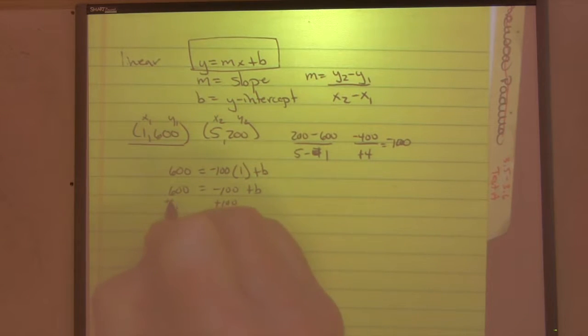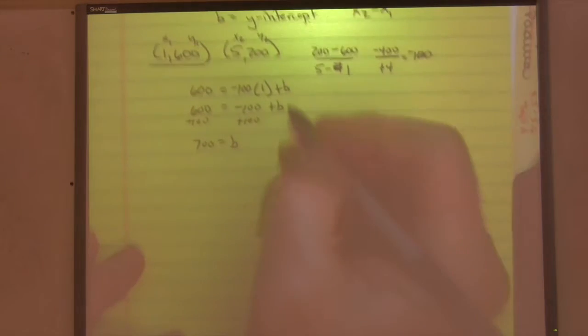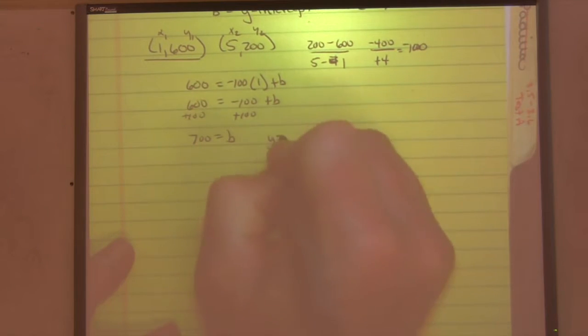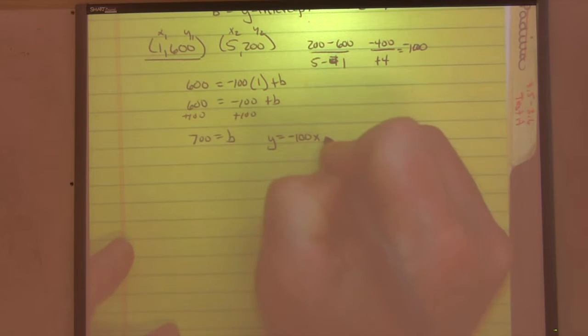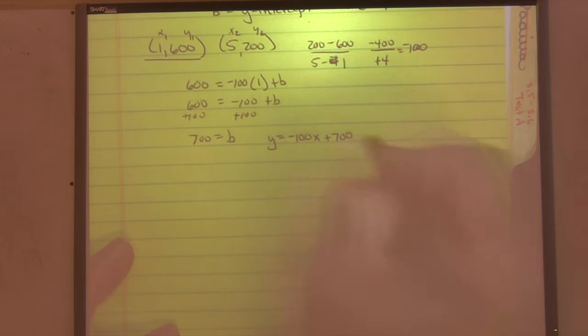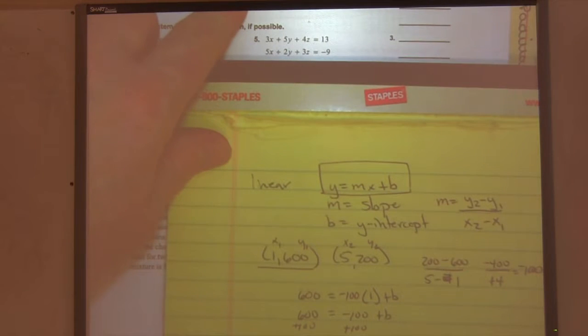Add 100 to both sides, and we get 700 equals b. So I've found my y-intercept, and now I can write my equation as y equals negative 100x plus 700. That would be our equation for this line.